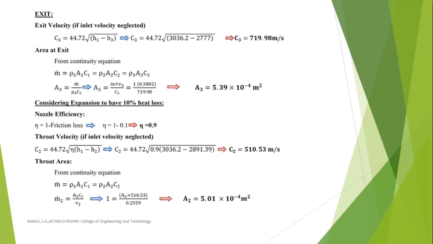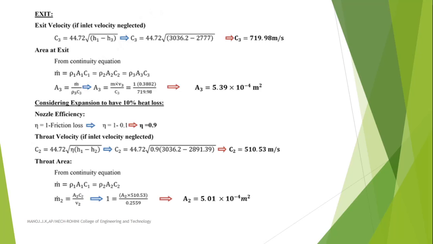So the first case was over. We found the values of A2 and A3. Next, for the second case, considering expansion with 10% heat loss, there would be a friction loss of 10%. As I already told you, in case 1 the efficiency of the nozzle is 100. So within that 100, 10% heat energy is lost.